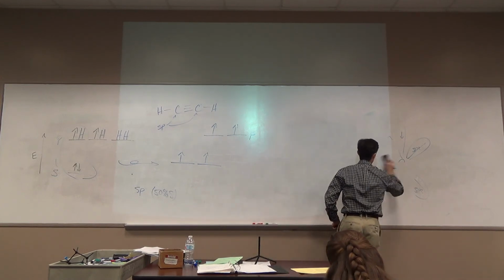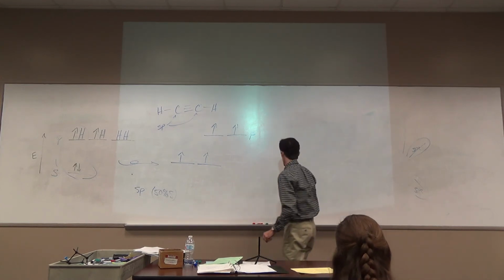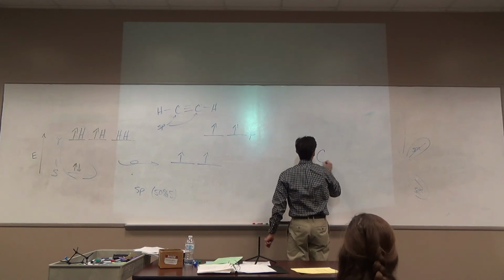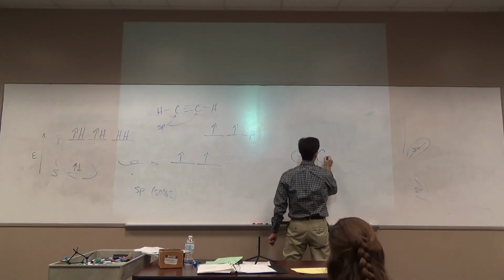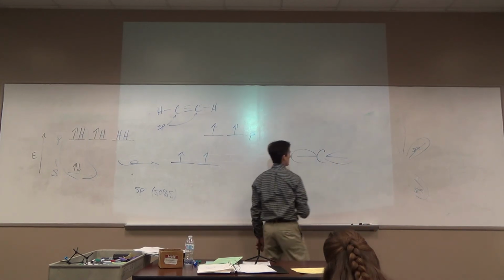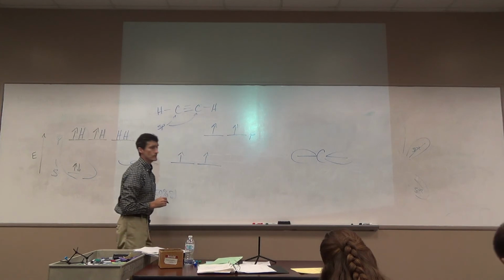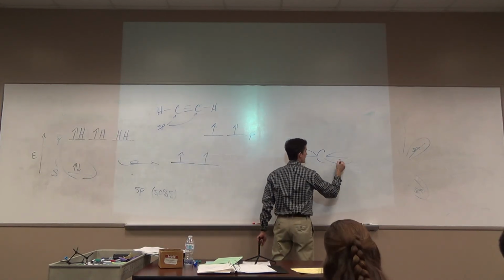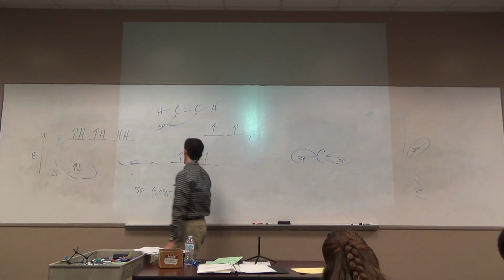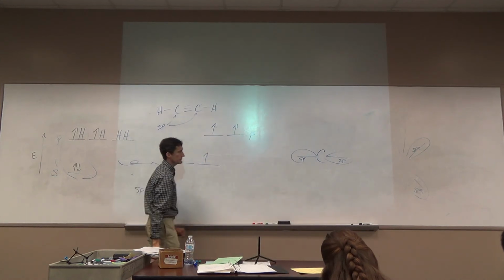Linear. 2 balloons would spread out linear. That is, we're going to have one this way and one this way. Those are your 2 hybrids. That's called an SP and that's called an SP. 2 SP hybrids.